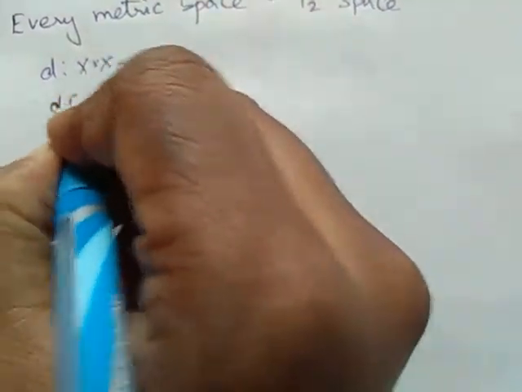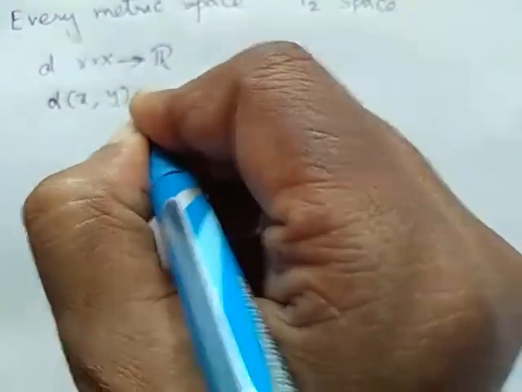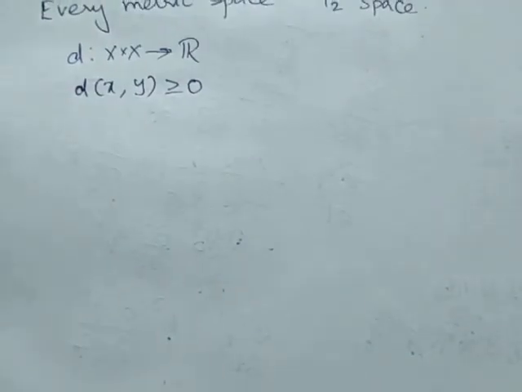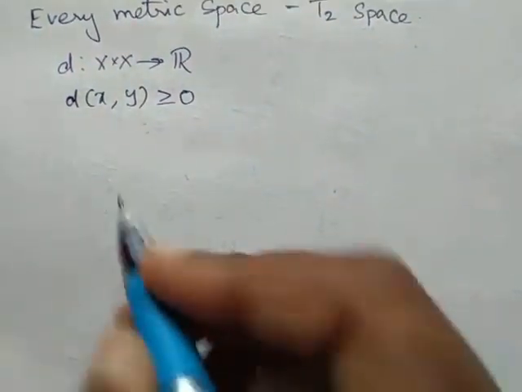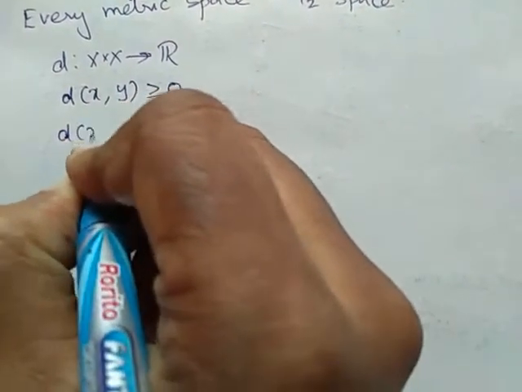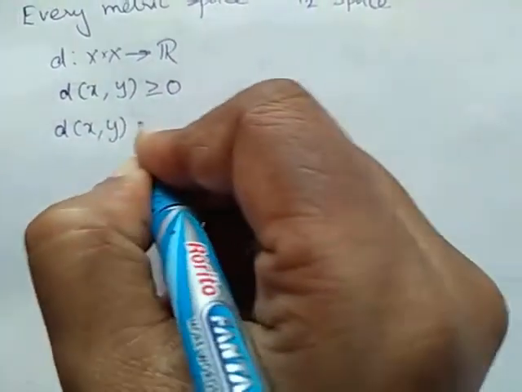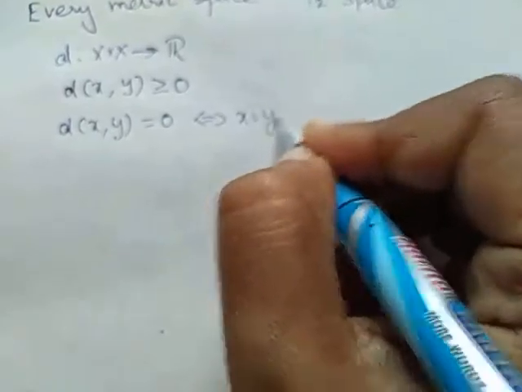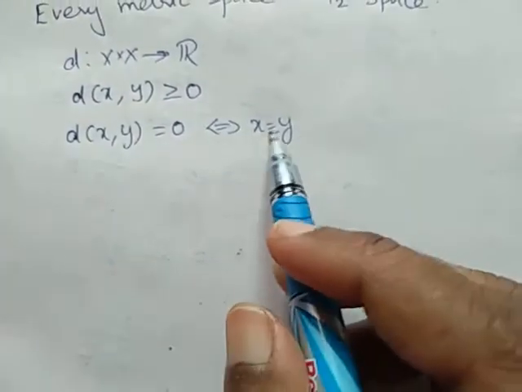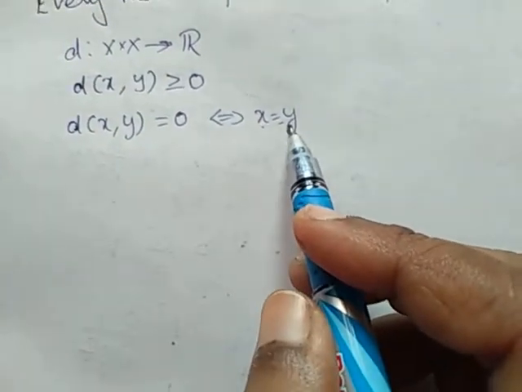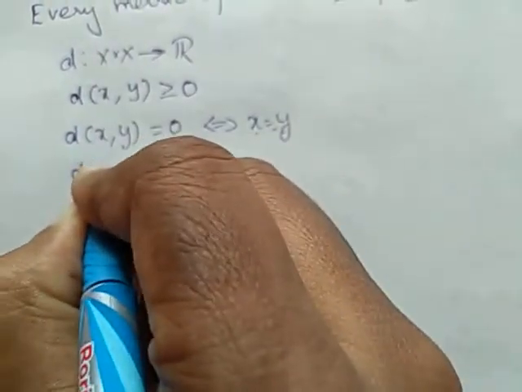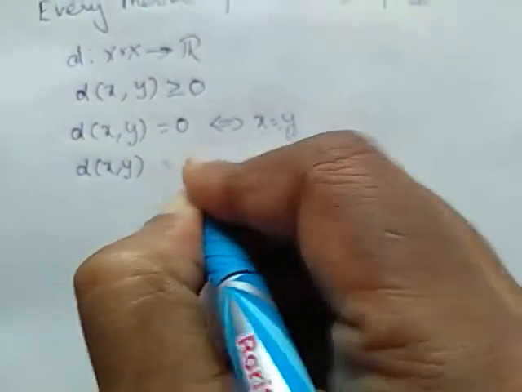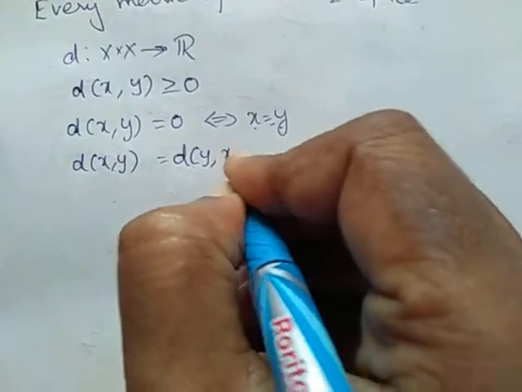The distance between any 2 points x, y should be greater than or equal to 0. If d of x comma y is equal to 0, then x and y should coincide with each other, that is x is equal to y. Similarly, the distance from x to y should be the same as from y to x.